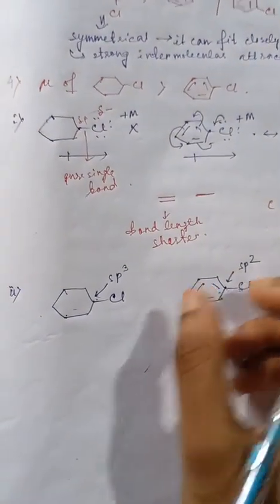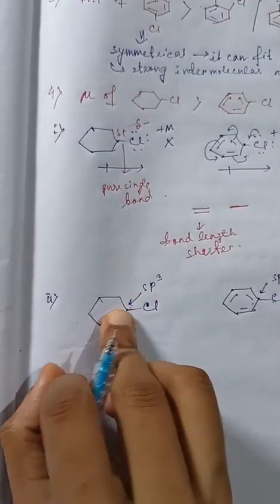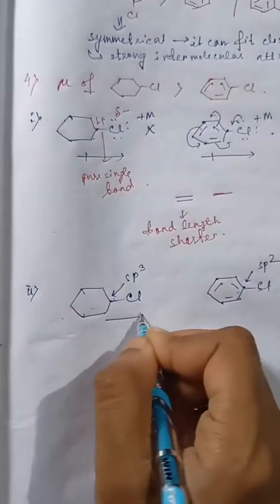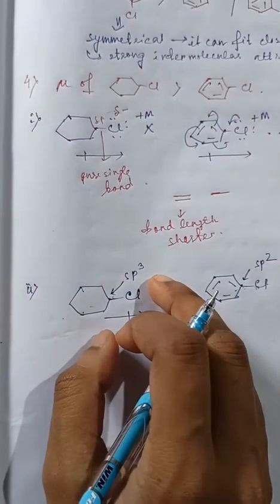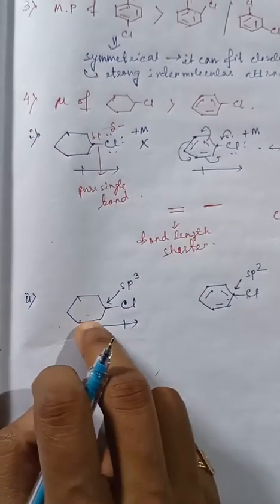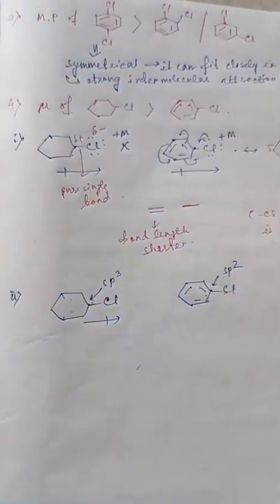So there is a tug of war, whereas the sp3 carbon is less electronegative, so the pull is completely towards this chlorine, isn't it? So that's the reason the dipole moment of cyclohexyl chloride is more than chlorobenzene.